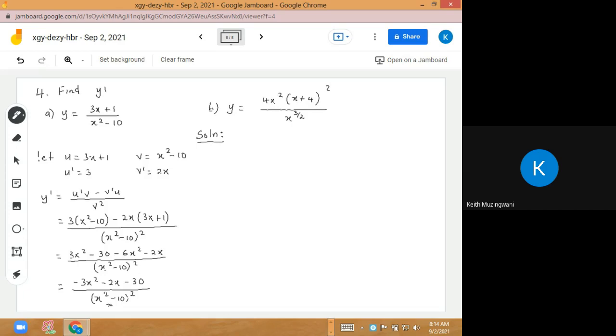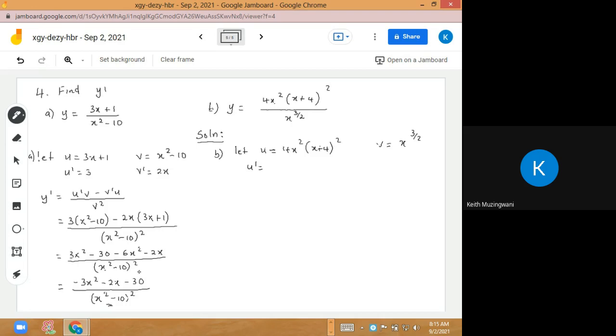We go to B, so this was A. B, let u be 4x squared multiplied by (x plus 4) squared, and v be x to the power 3 over 2. When differentiating u, you use product rule.